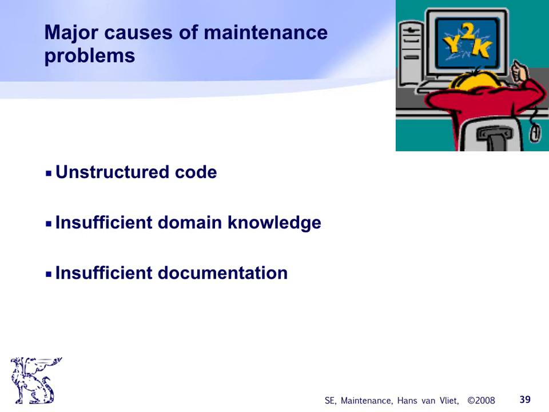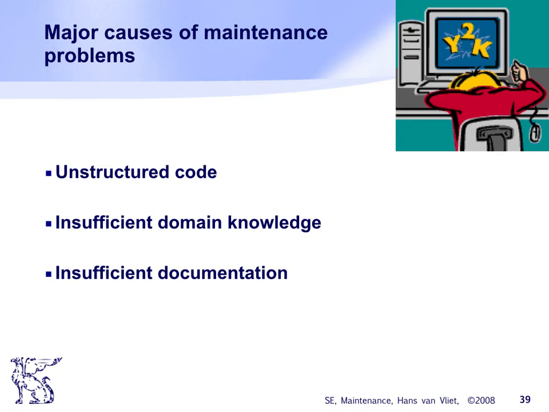The next one is insufficient domain knowledge. The maintenance programmer could have less knowledge of the system or the application domain, and the reason is there is actually less source to understand the domain or problem. In many cases the source code is the only reliable source to understand the problem better.